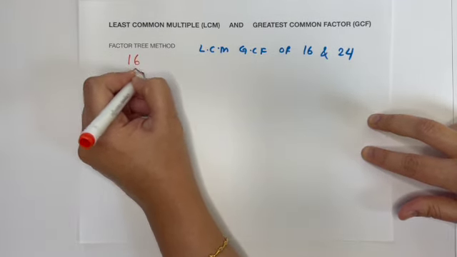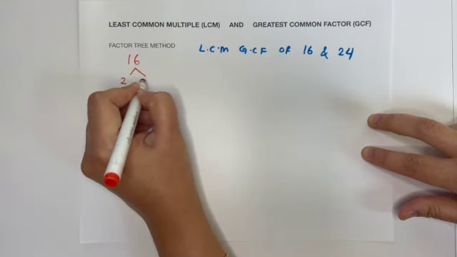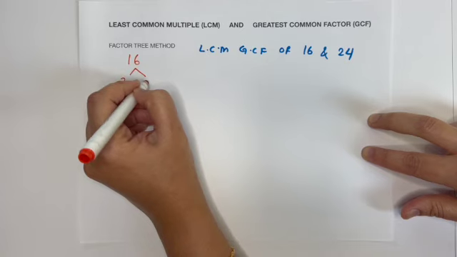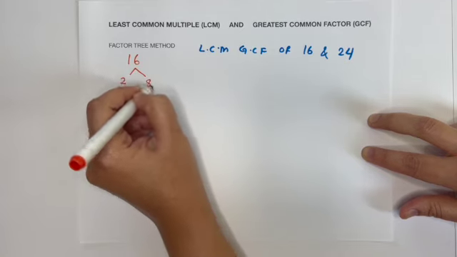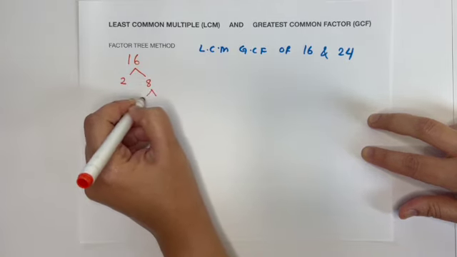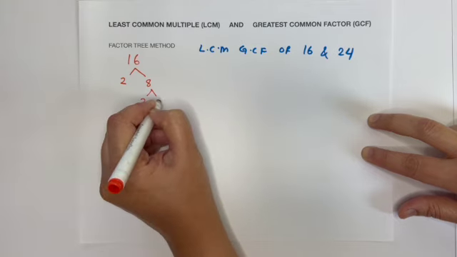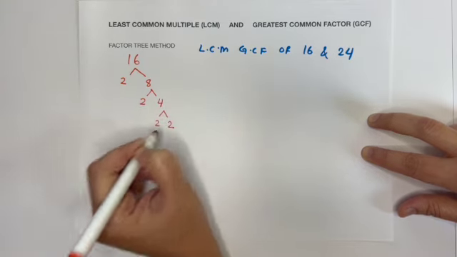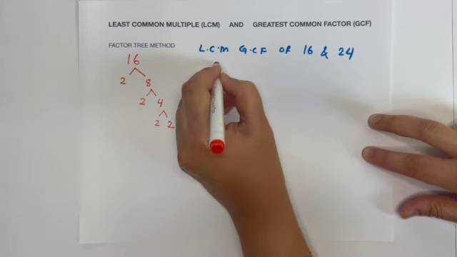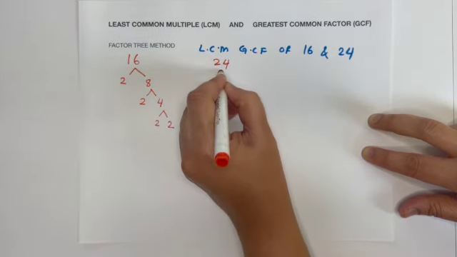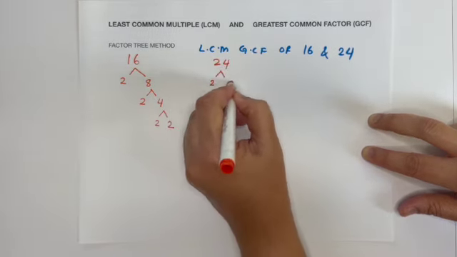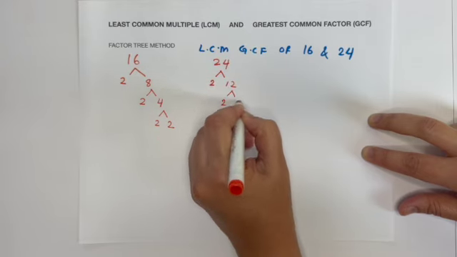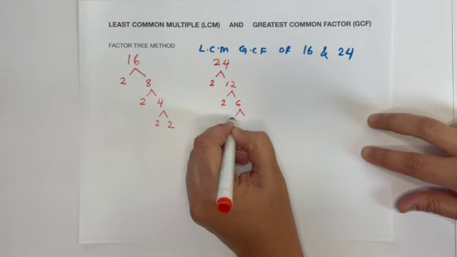Using the factor tree method, I'll branch out by first separating prime numbers from the number. So 2 times 8, and then going further, it's 2 times 4 and 2 times 2. Since we landed on the prime numbers, we cannot go any further, and we'll do the same process with 24.